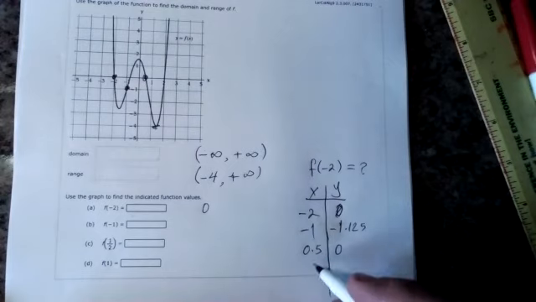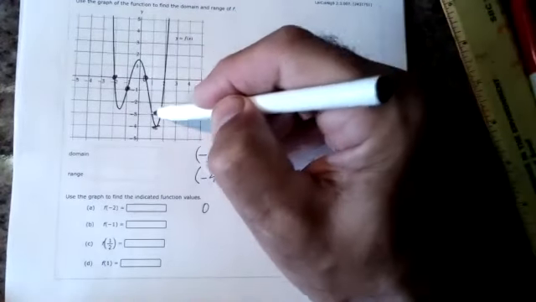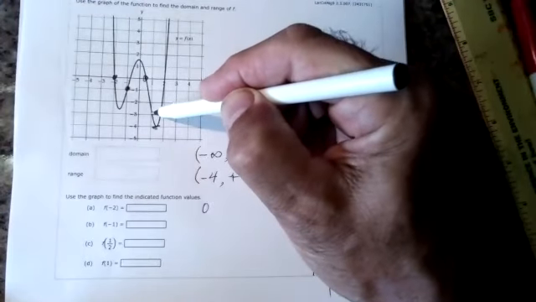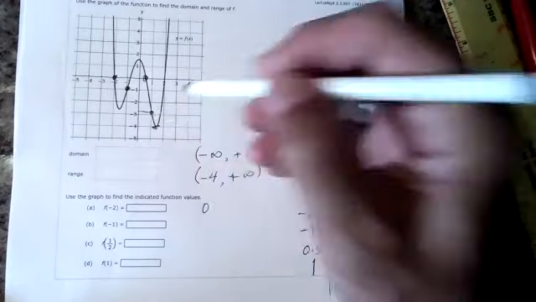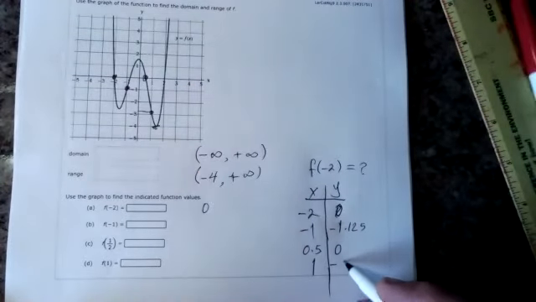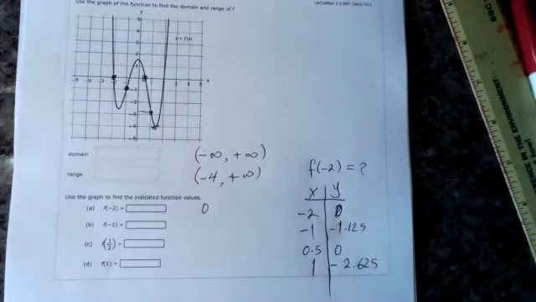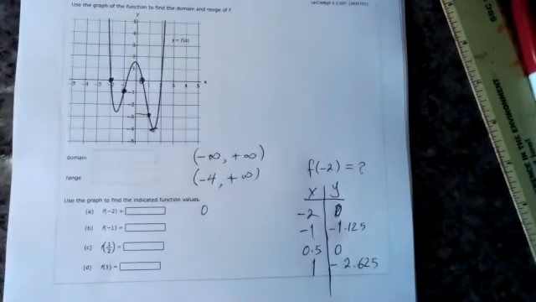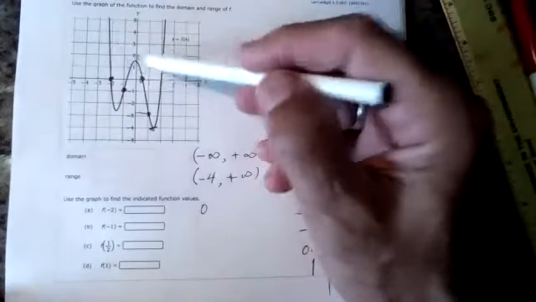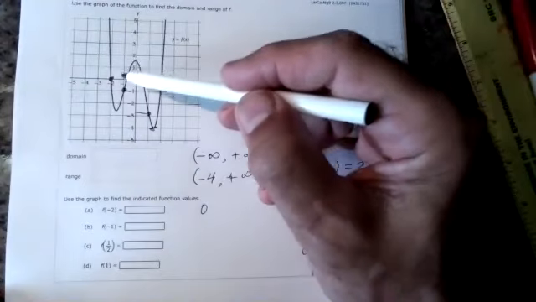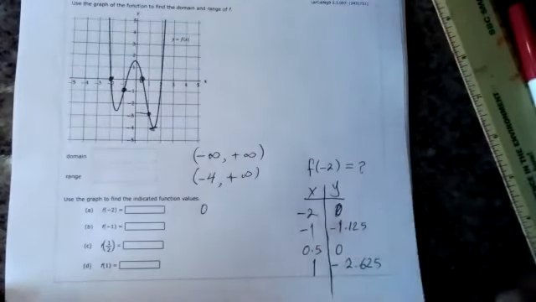F of 1, when x is 1, see here, and what's the y value? It's minus 2.625. I think, again, if you want to know the exact number, you need to use the graphing calculator. When it graphs for you, if you use the function trace, that will give you the exact number.